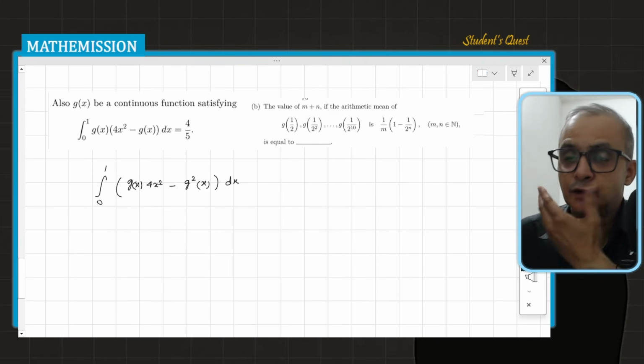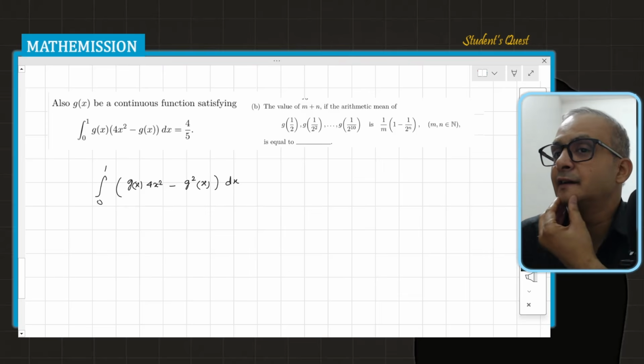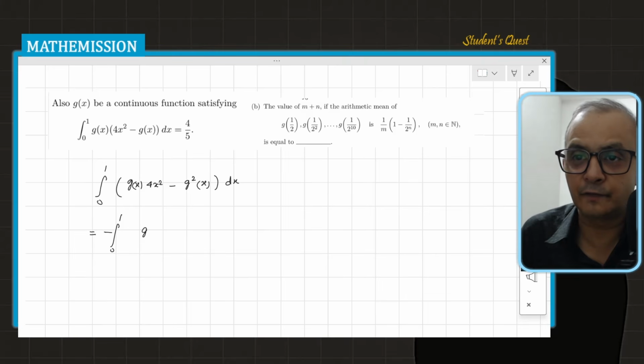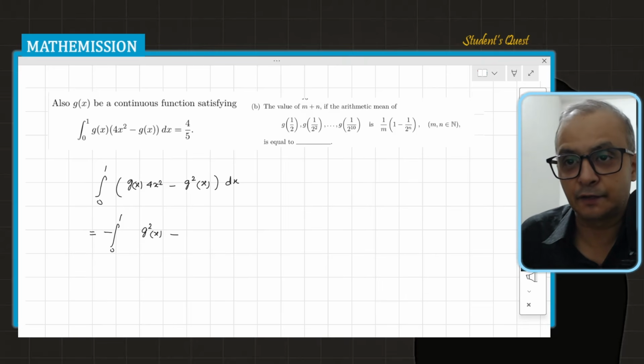Now what we can do here, are we getting the idea that this is something like 0 to 1, and if I take the minus sign out, I may get some kind of perfect square, or I can construct some kind of perfect square. How?